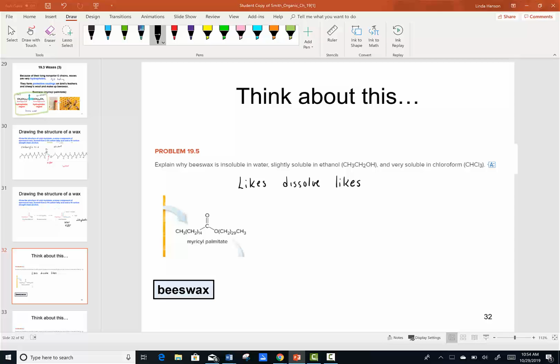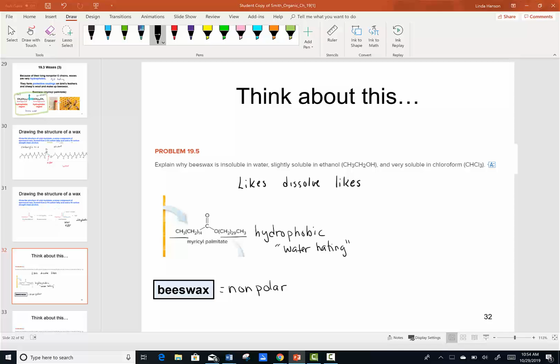So we understand that beeswax is a very non-polar molecule by far with these incredibly long carbon chains. Those long carbon chains are hydrophobic, and literally that translates to water-hating.